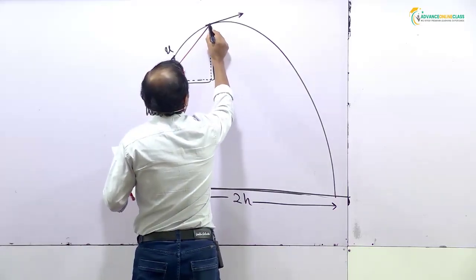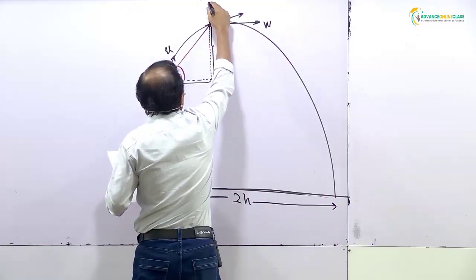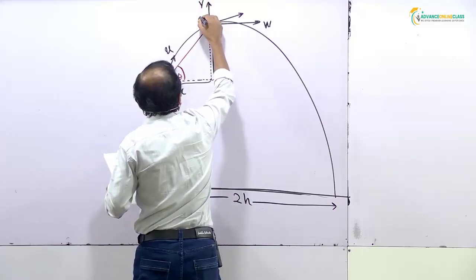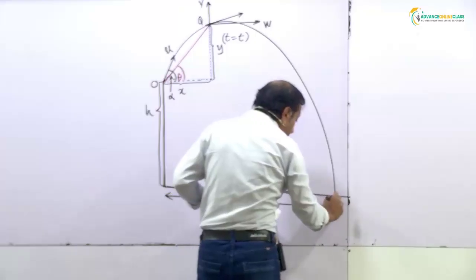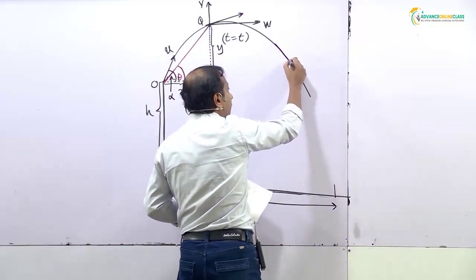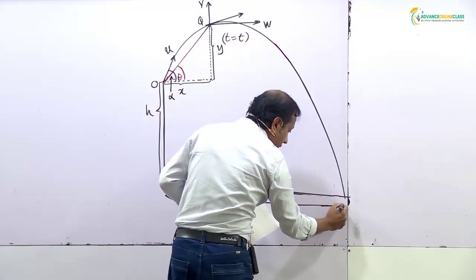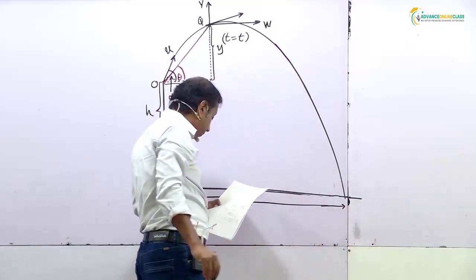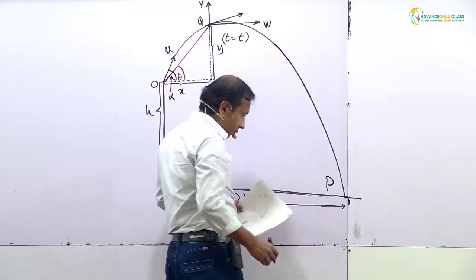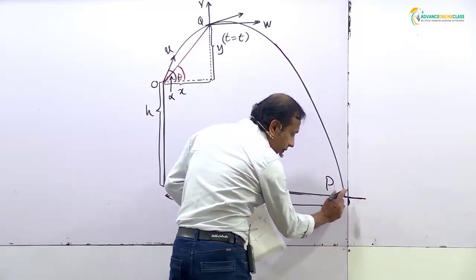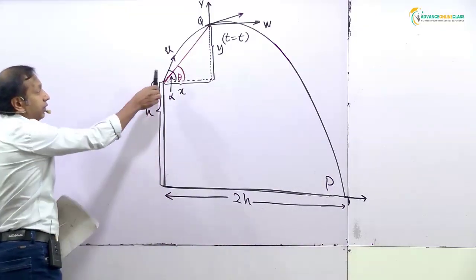At this moment, I'll take the horizontal velocity component as W and the vertical velocity component as V. I'll take this point as Q, at t equals T, and this point as P. Once the particle comes to the ground at this point, it has a horizontal velocity component, which should be the initial horizontal component u cos alpha.